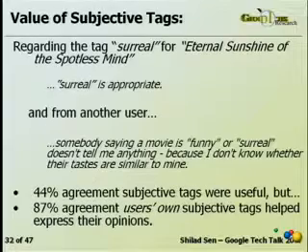So the second group is subjective tags, and here are 2 different quotes about the tag surreal for Eternal Sunshine of the Spotless Mind. I'll let you read them. So the funny thing about subjective tags is users liked subjective tags if they agreed with them.